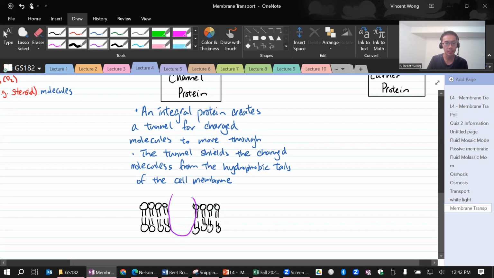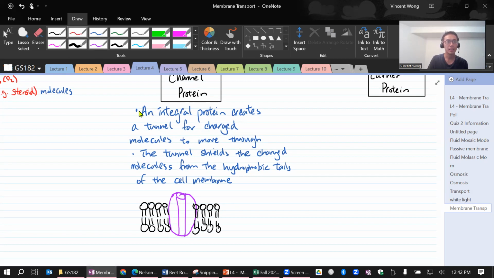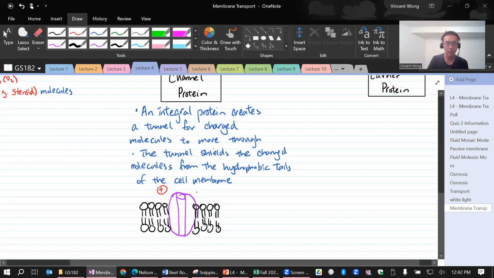Okay? So channel protein is an integral protein, and it has a tunnel, a channel in the middle. And then if you have all these charged particles that wants to go through, they will be able to do it like that. Okay. So I'll let you copy that down first, and then I'll explain a little bit more.